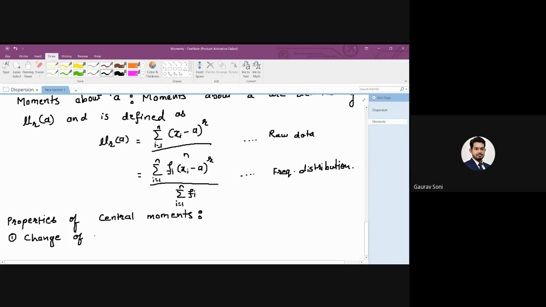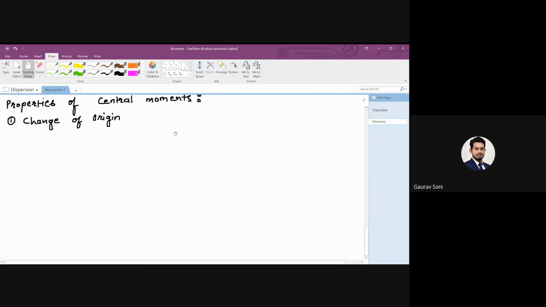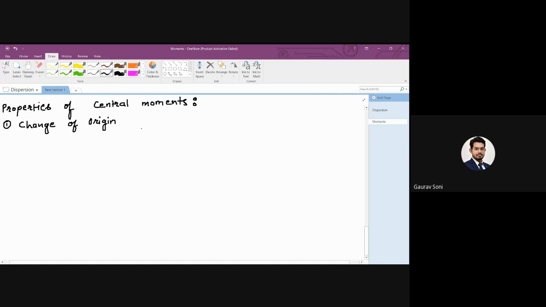What do you think of change of origin? Are you getting my point? Like what I'm asking is, whenever data is given to you, for example x1, x2, x3, x4, x5, I can find out the central moments for this.